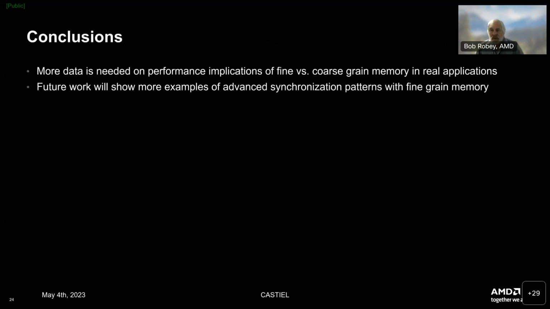We don't have a lot of experience with this yet on the performance, or whether there are some tricks we could use to get synchronization at a lower level that might help us with some algorithms. So there's still a lot of work to be done to exploit this capability.